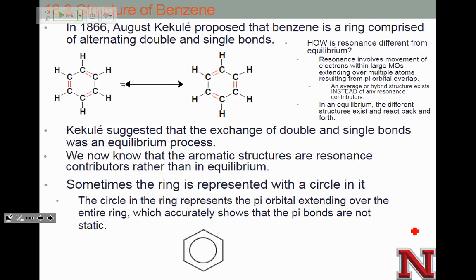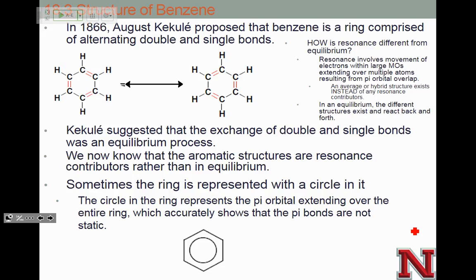But you can show the circle, and the circle does represent benzene. It represents that we have that resonance structure. Basically, the circle is the average resonance structure. That's what you're representing. And oftentimes the circle will help us if we're trying to assess stuff like symmetry.